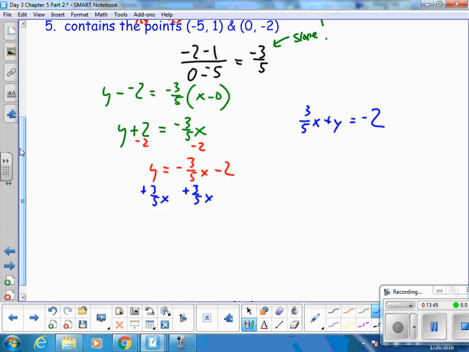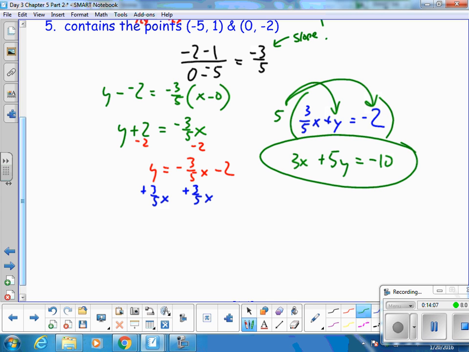And remember, I need to make sure my coefficient of x is a whole number, so I need to multiply everything by 5. So 5 times 3/5 x is going to give me 3x plus 5y equals negative 10, and that is indeed my standard form.